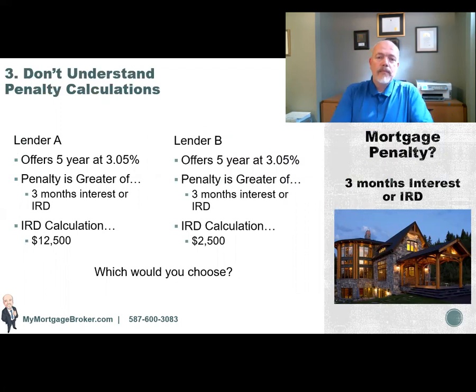One of the questions I get all the time about penalty calculations is, well, why do lenders charge penalties anyway? Really, the way that mortgages work in Canada is that most lenders, whether they're banks or smaller lenders, package together a collection of mortgages at a certain interest rate. They usually do like a $10 million package or something like that.